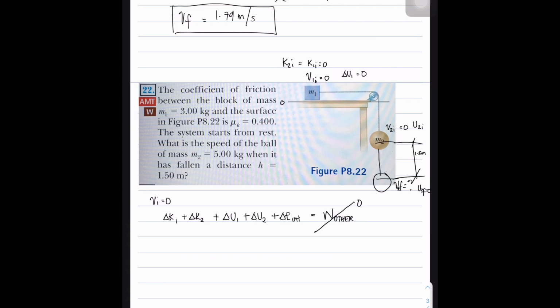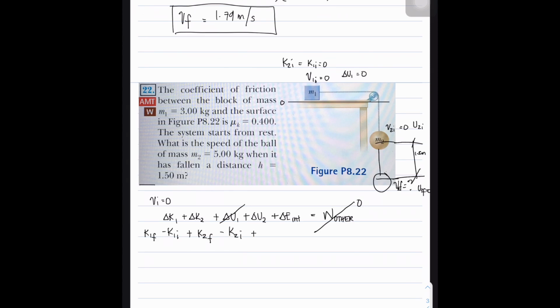Okay, so as I have said, delta U1 is equal to 0. And for K1 we have K1 final minus K1 initial. For K2 we have K2 final minus K2 initial.